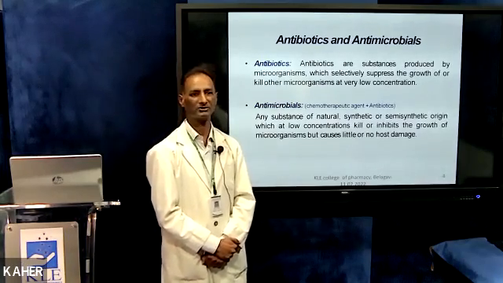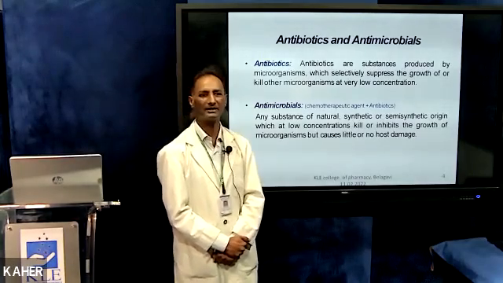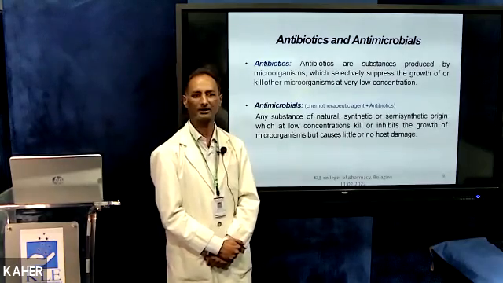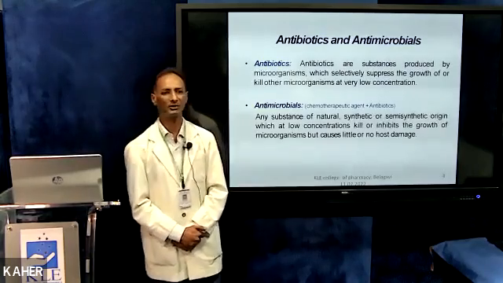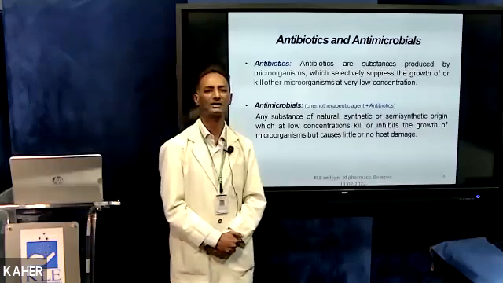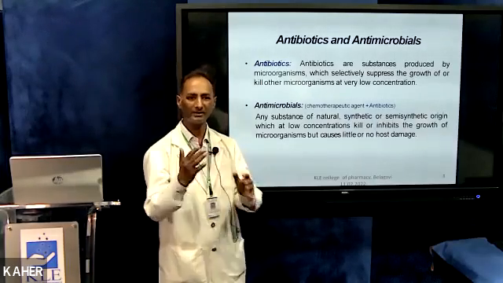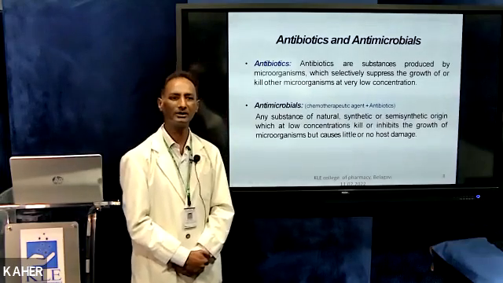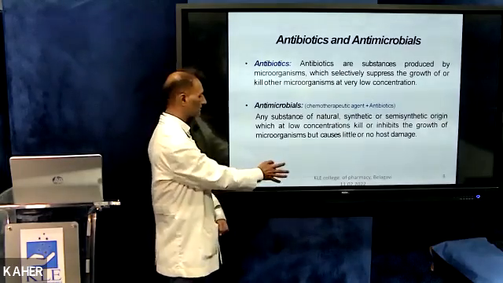Whereas antimicrobials are any substance of natural, synthetic, or semi-synthetic origin which at lower concentrations can kill or inhibit the growth of microbes with fewer side effects, without damaging the host cells.